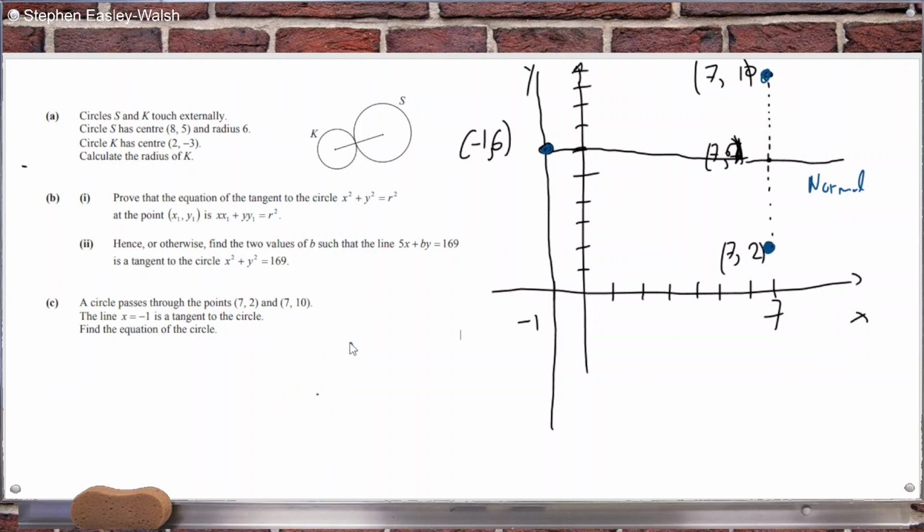Let's think about this. Let's draw a full circle. If I have a vertical line here, and I know these points here, I get the middle and go across. I know the center will be on this line, and I'll hit the other side of the circle where the tangent is.